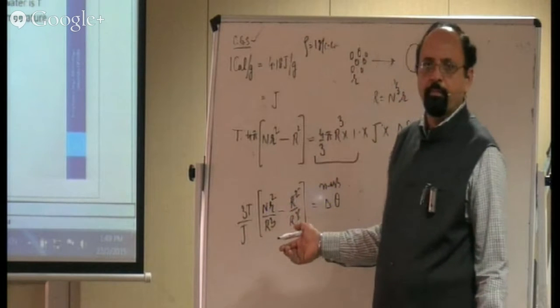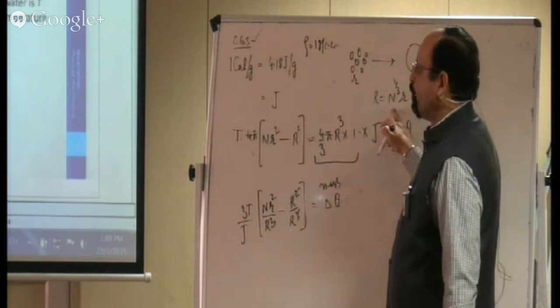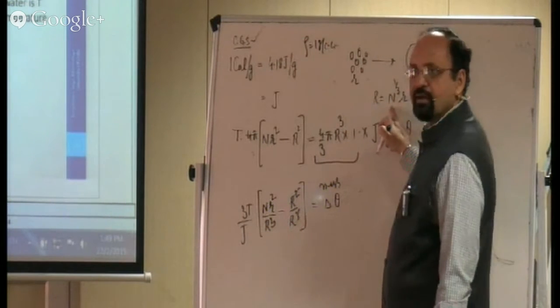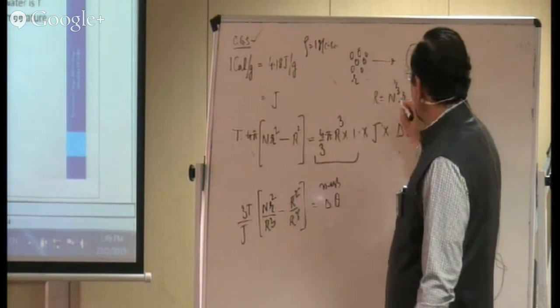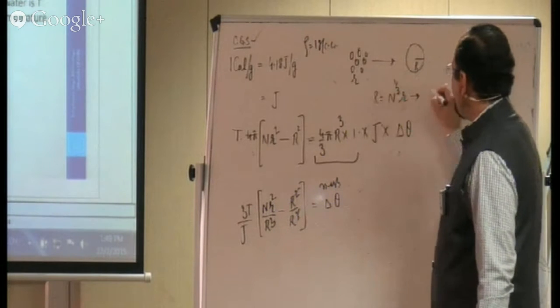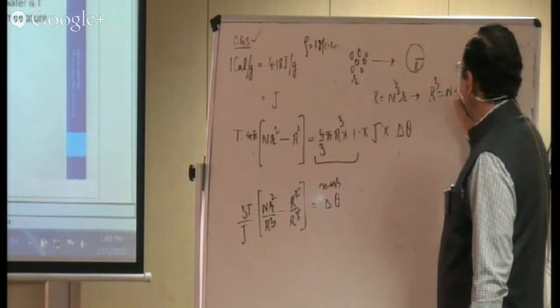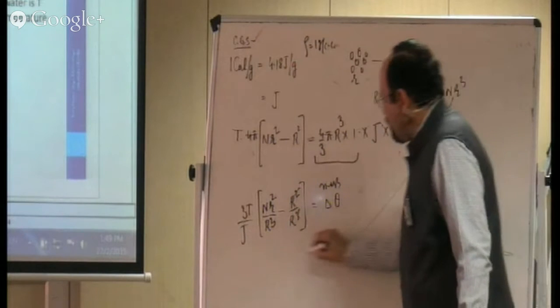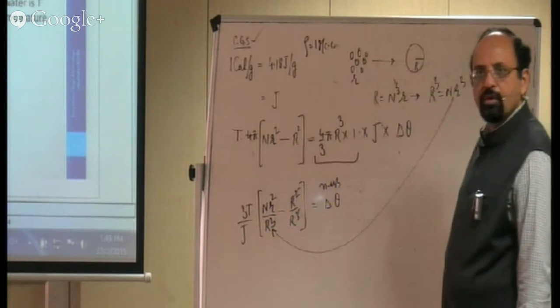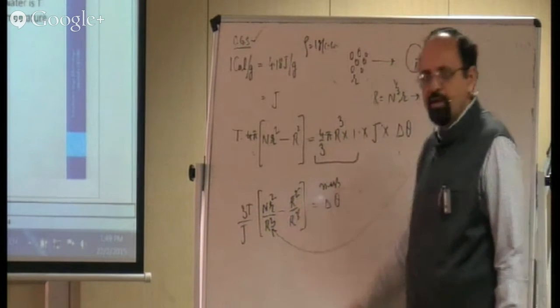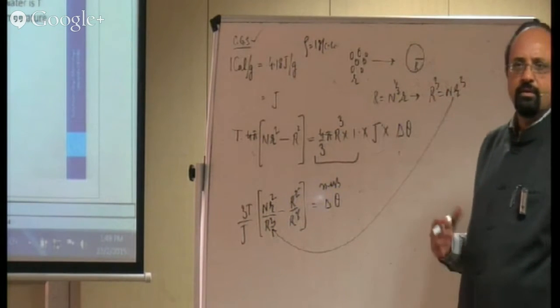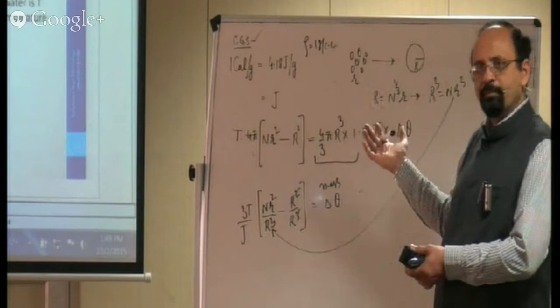No problem. I have a method of doing it. I can put the value of the relation between them. If I use this relation, R cube is equal to N r cube, and put it at this position, I will get this as 1 by small r. So that is the verification which I have done, but otherwise the selection is done two steps earlier.